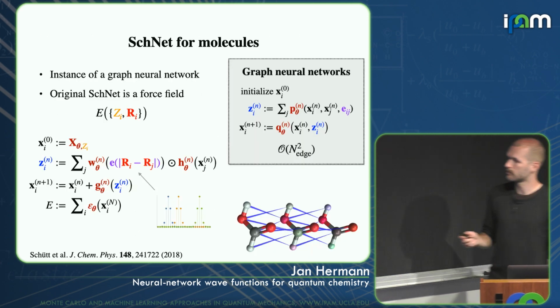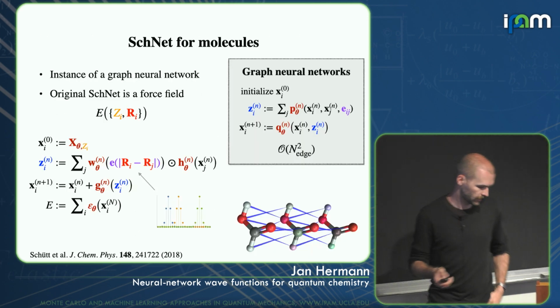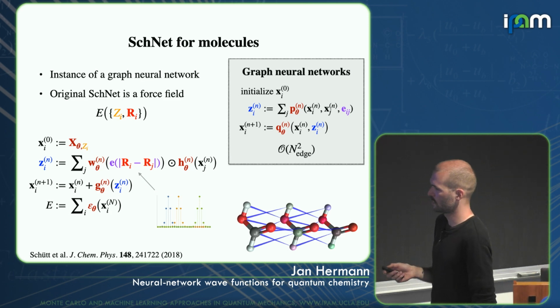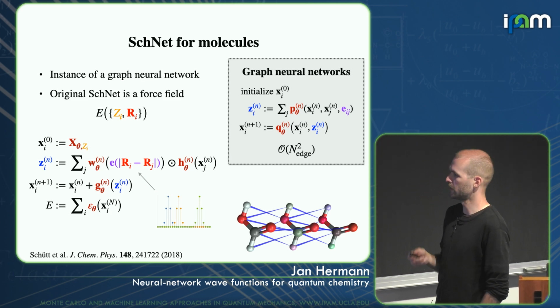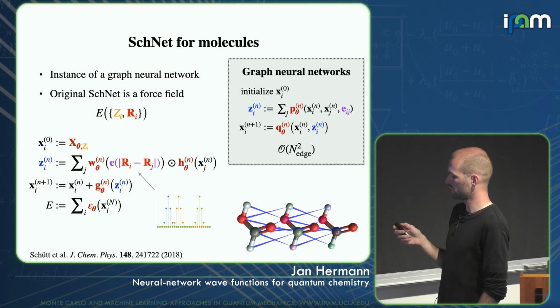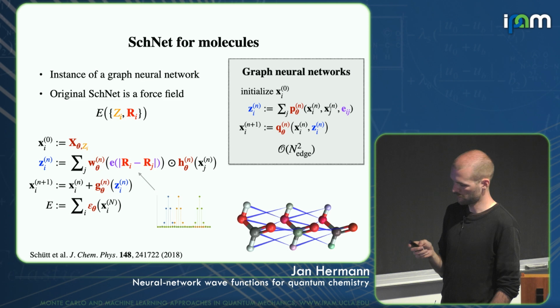And so now what about the neural network? So we really just took something that was already working in a different context and modified it slightly. And we took SNET, which is a graph neural network.